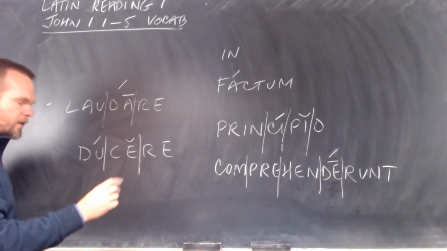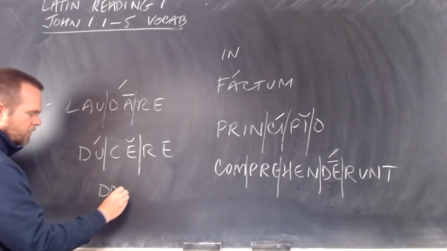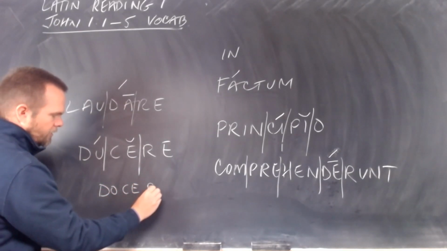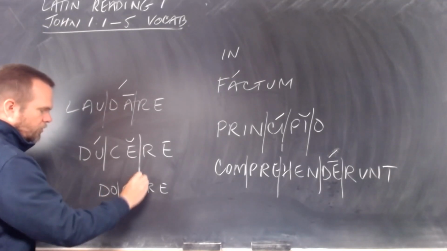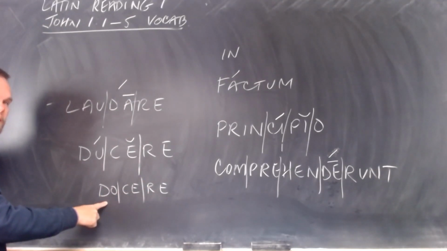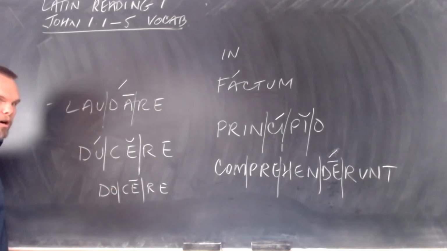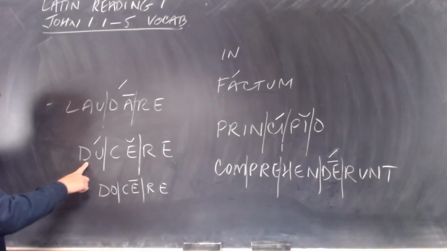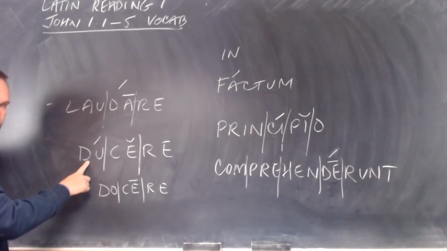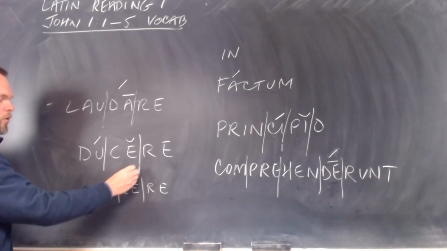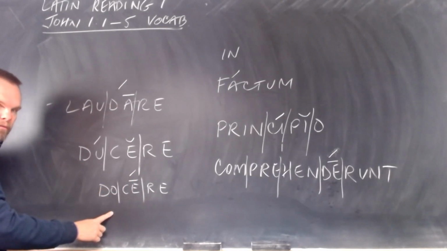But if you look at another verb like docere, if you look up this verb in the dictionary, you'll see that this e is long. So we say ducere for this verb, and we say docere for this verb.